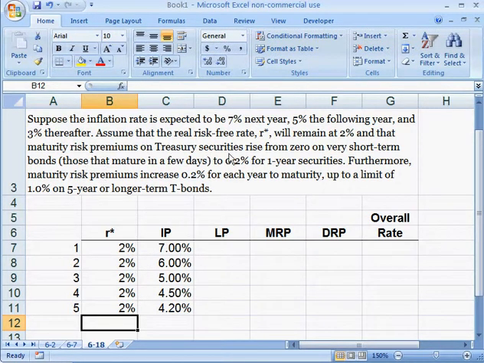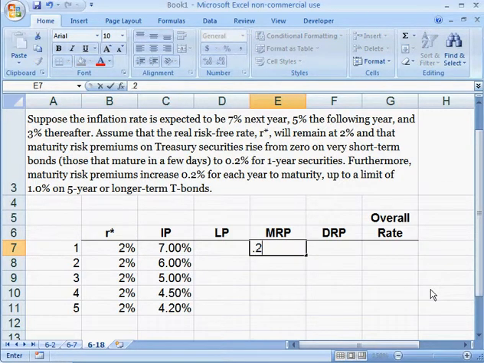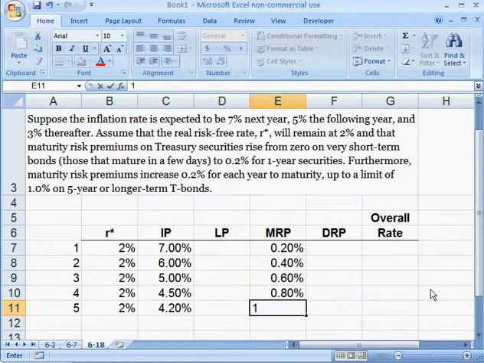It says the maturity risk premium on Treasury securities is from 0 on very short term to 0.2% for a 1-year security, and that the maturity risk premium increases 0.2 for each year of maturity. So the first year it's going to be 0.2%, the next year 0.4%, and then 0.6%, 0.8%, and then finally 1%.